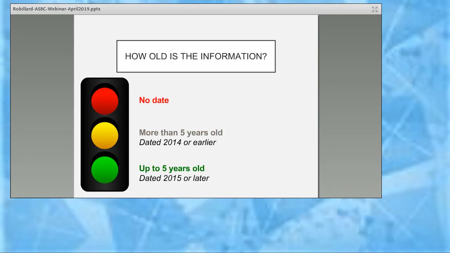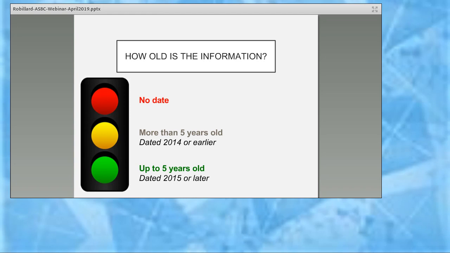The second criteria in the Quest tool is called currency, and essentially how old is the information, or conversely, how current is the information. If there's no date, that's not a good sign. Research moves really fast, and what we believed 20 years ago is no longer really what we believe today, especially when it comes to prevention and nutrition and lifestyle.